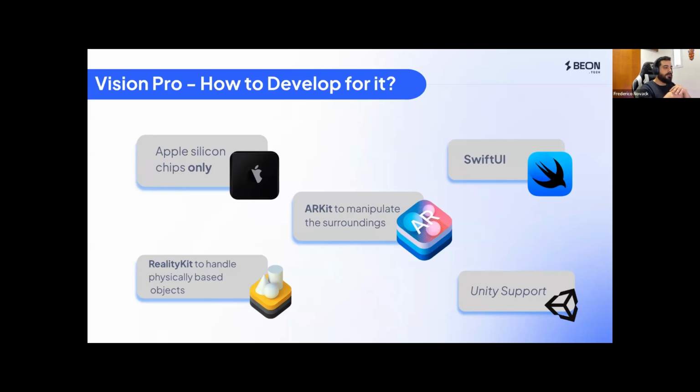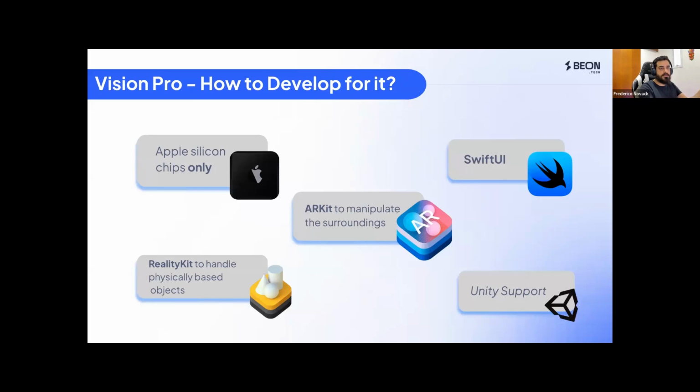Okay, so you will use ARKit to manipulate your surroundings. Okay, so it's important to know AR. But if you really want to learn how to code for Vision Pro, you need to use the RealityKit framework. Okay, it's an Apple framework. It's really good.